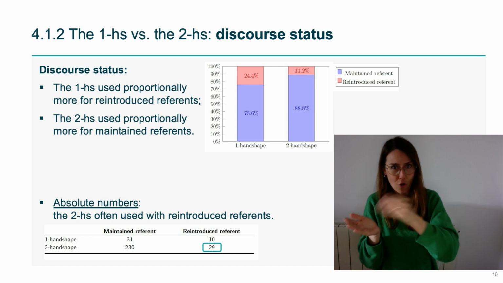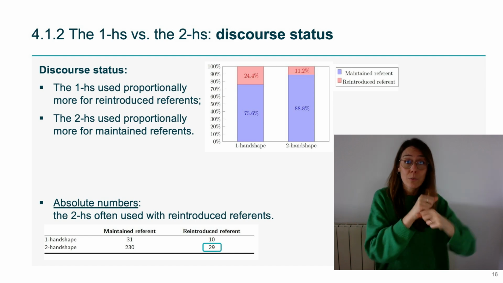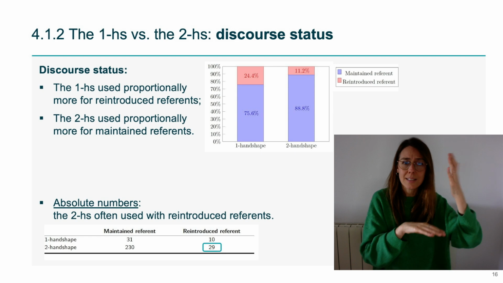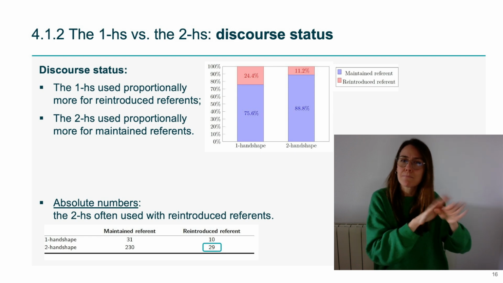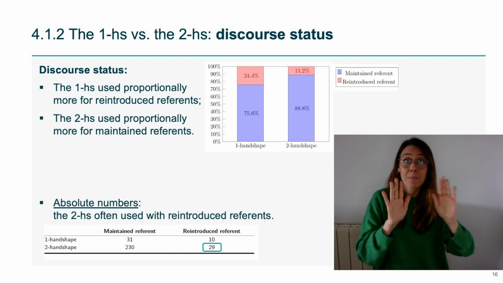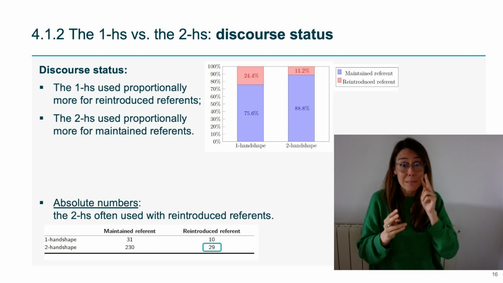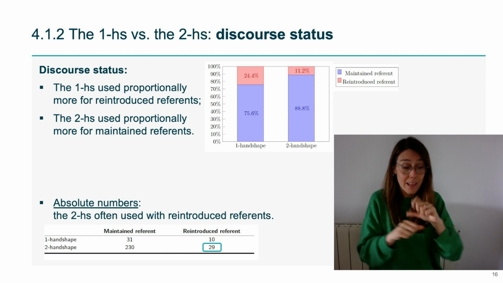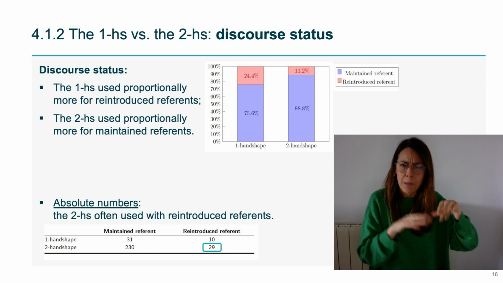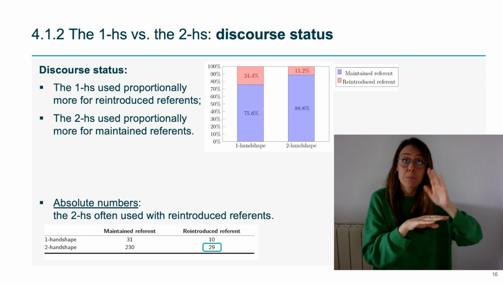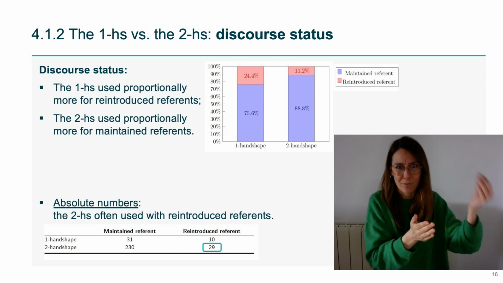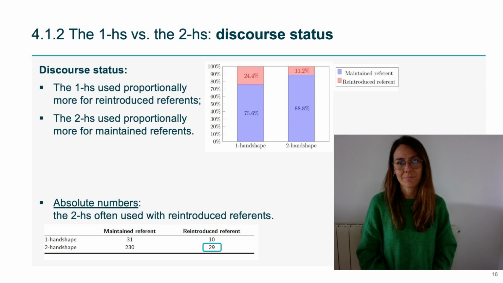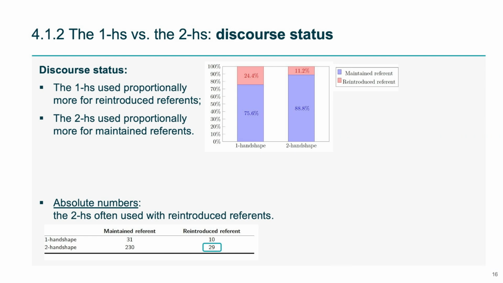So we found that the one handshape was used proportionally more for reintroduced reference, as we can see marked in pink in the graph, while the two handshape was used proportionally more for maintained reference, as we can see marked in violet in the graph. Again, it's important to look anyway at absolute numbers, and we see that the two handshape was as well often used with reintroduced reference as well.